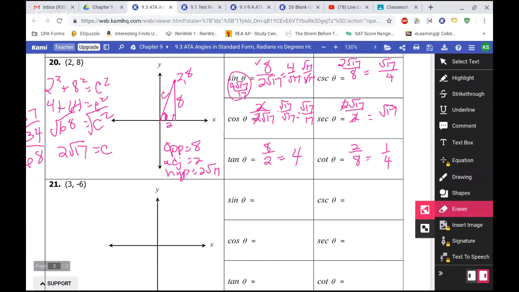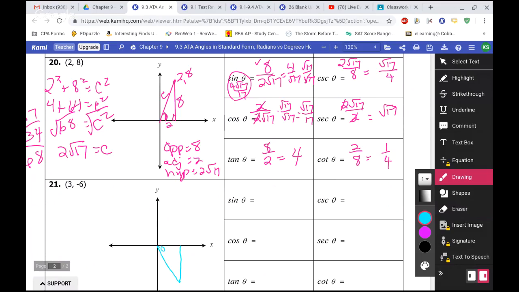All right. So I'm going over 3 and down 6. Make a little triangle. And then theta is the angle closest to the corner. So this is 3, and this is -6. So we've got 3 squared plus -6 squared equals my hypotenuse squared.